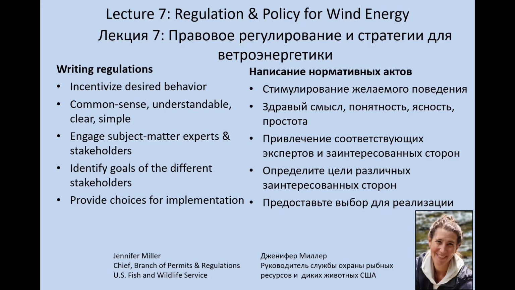So in the United States, for example, the regulation says you must reduce the number of bats that are killed. The regulations do not say you must deter, or they do not say you must curtail the wind turbine, right? It doesn't say you must stop operation or scare the bats. You can choose which one you want. It's your choice. And if you give people those options, they might choose what is best for them.